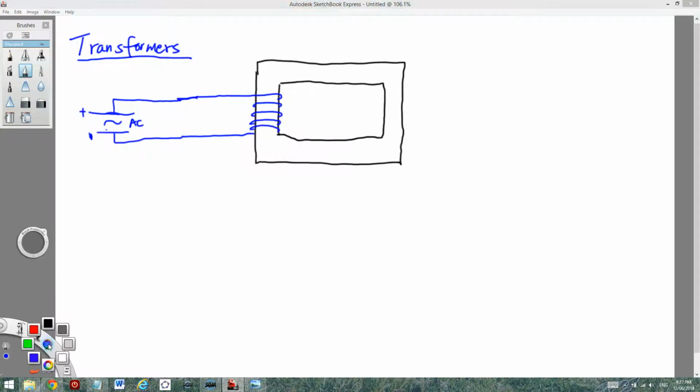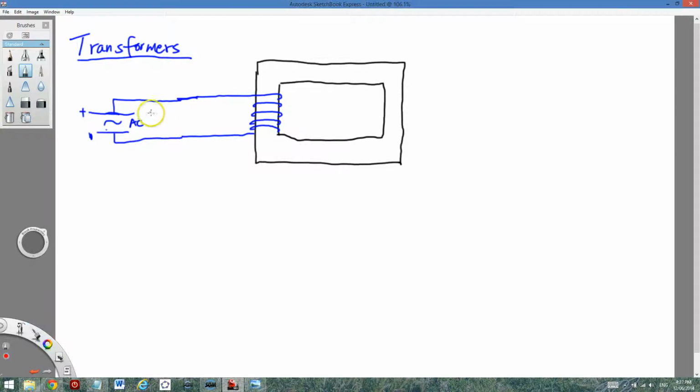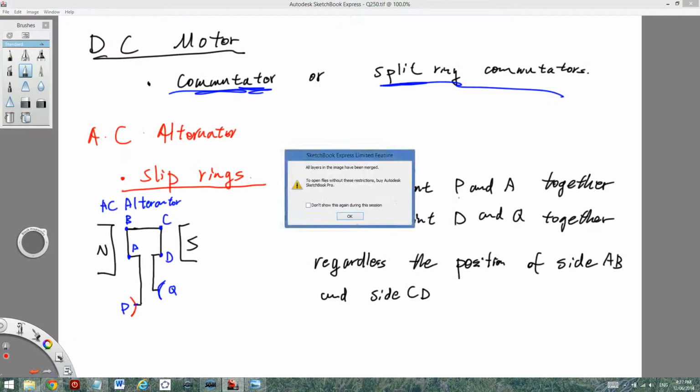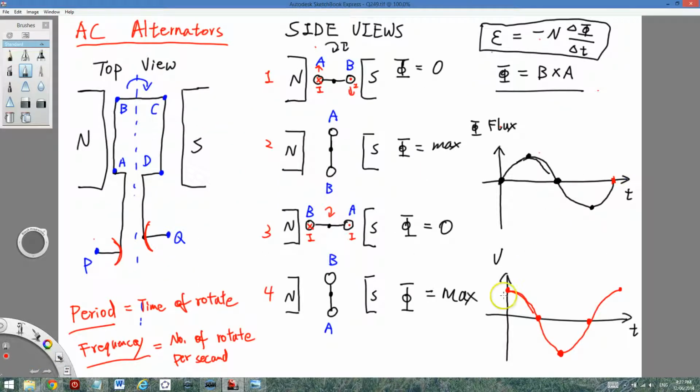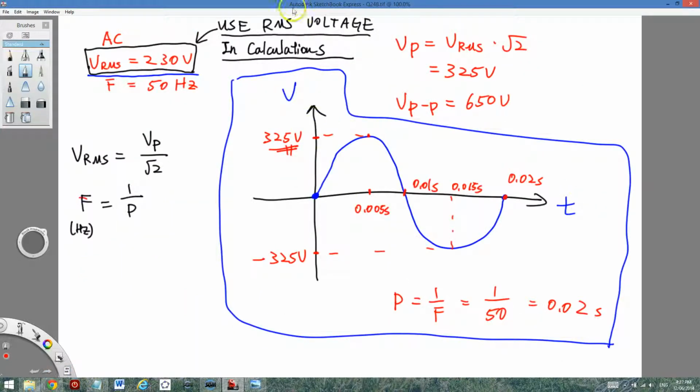So remember the unique property of AC. If you look at AC graphs, what we can say is the current, or the voltage, is changing. It's not constant.